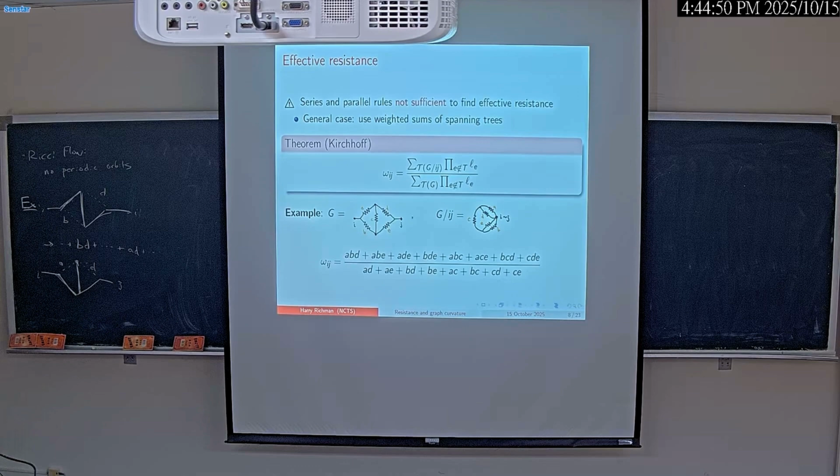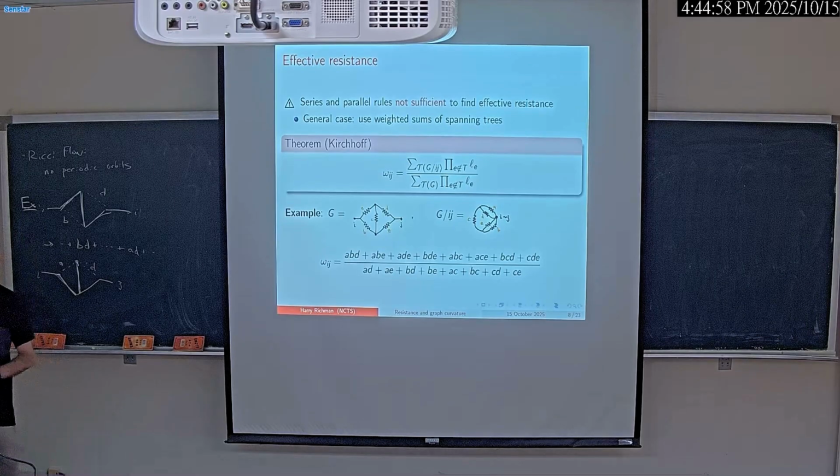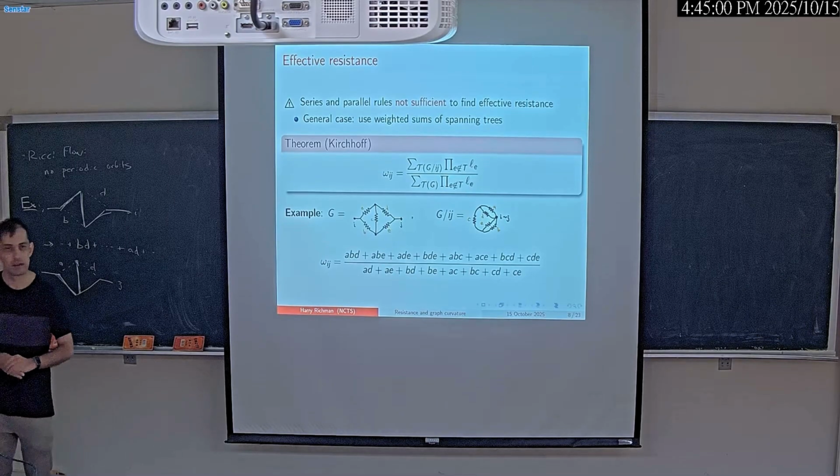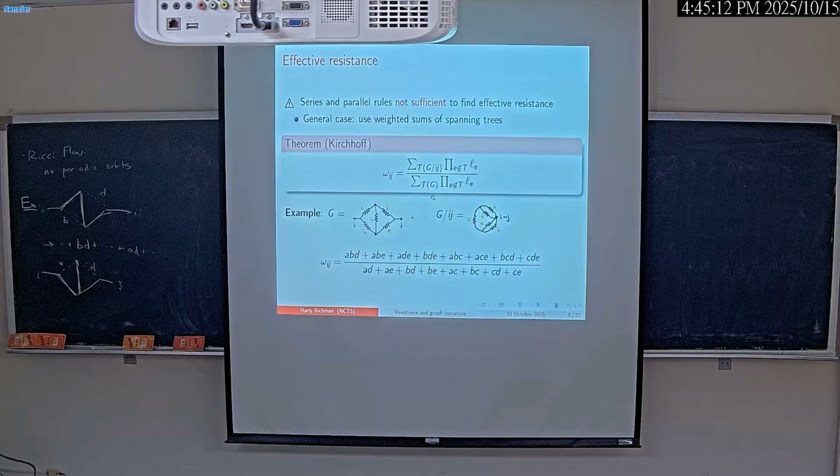So we need to remove enough edges to remove all the cycles, but not too many edges so that the graph becomes disconnected. So I guess in the formula, the curly T is a spanning tree. That's right. Yeah. So here the T is a spanning tree inside the set of edges, and e is an edge.